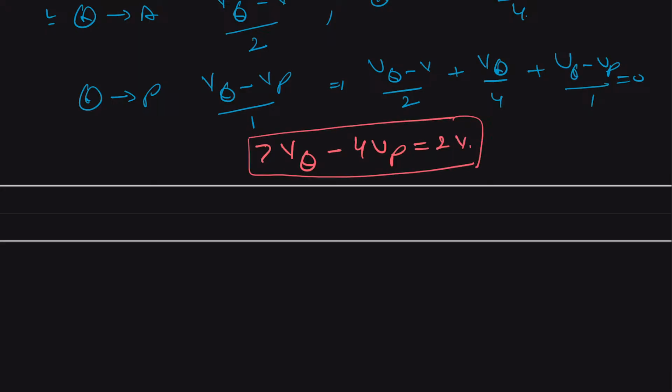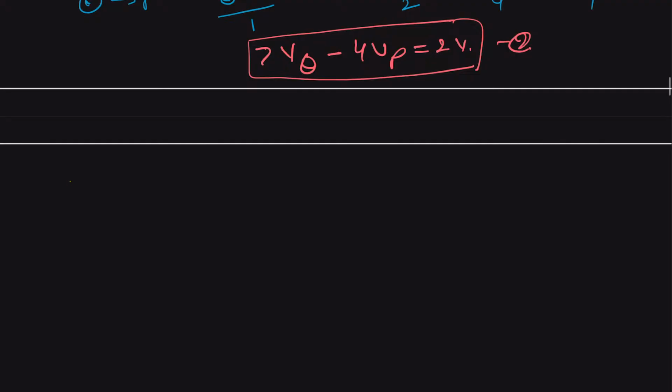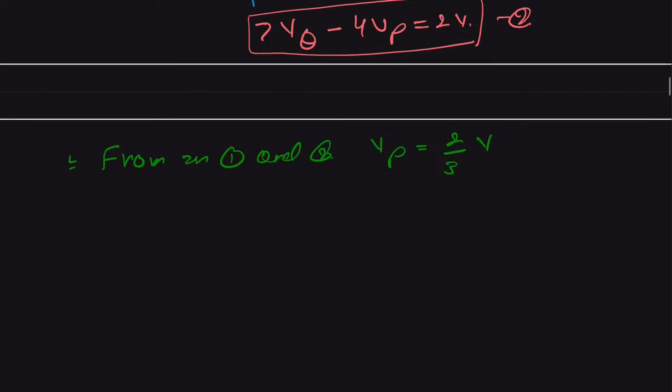This is our equation number 2. And from equation 1 and 2 we get that our Vp is equal to 2 by 3 times V, and we get that our Vq is equal to 2V upon 3.